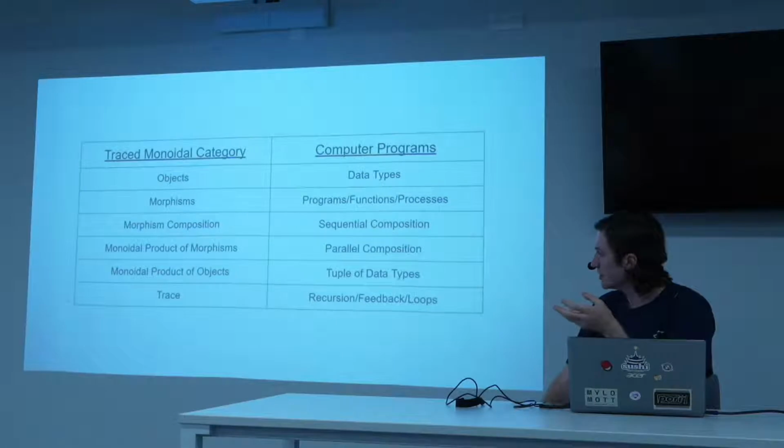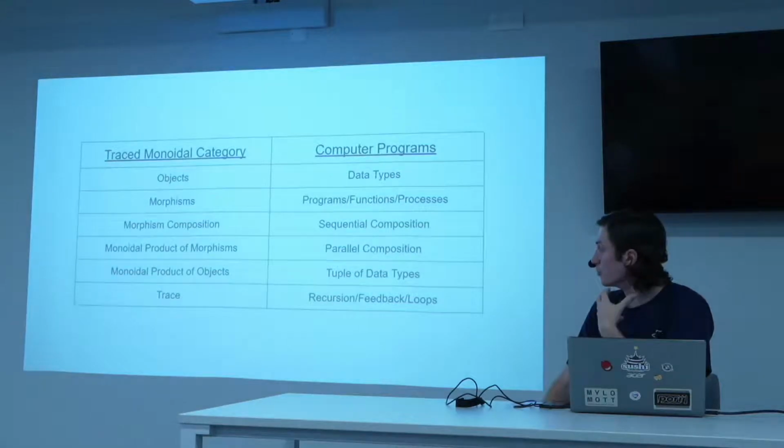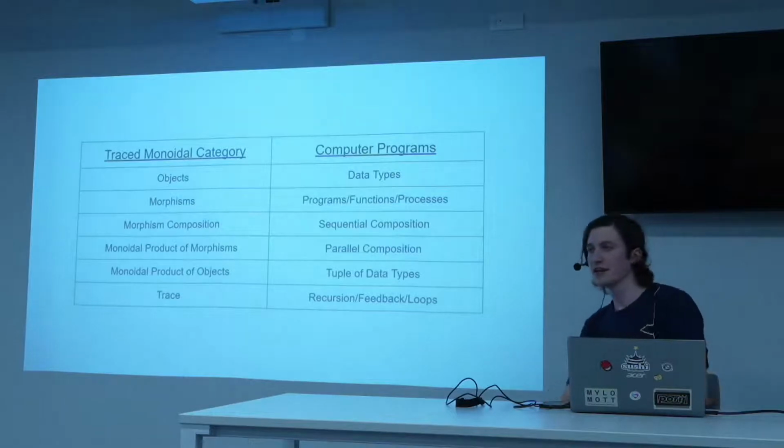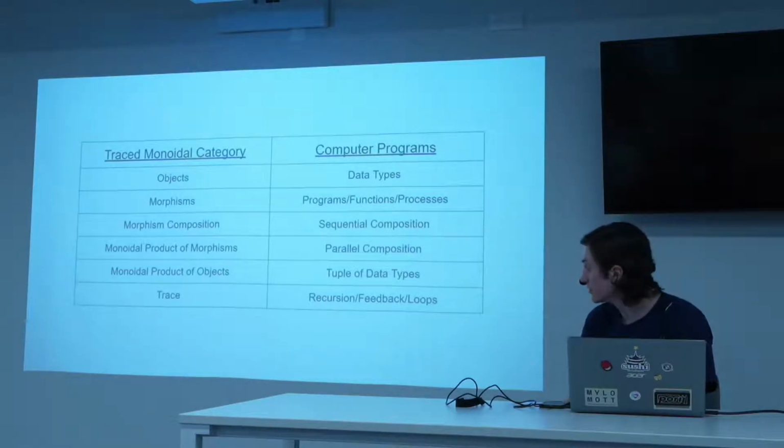Morphism composition is quite simply sequential composition of functions. And then the monoidal product of morphisms would be parallel composition. This might happen when you have multiple processes and you can run multiple programs at once.